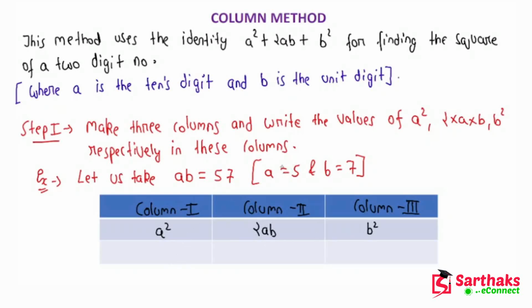So A square, which is 5 square, comes out to be 25. 2AB, that is 2 into 5 into 7, comes out to be 70, and B square comes out to be 49. So this was step number 1, in which we make 3 columns and fill A square, 2AB and B square in them. Right. Now let us talk about step number 2.